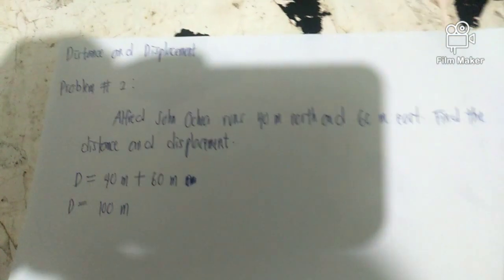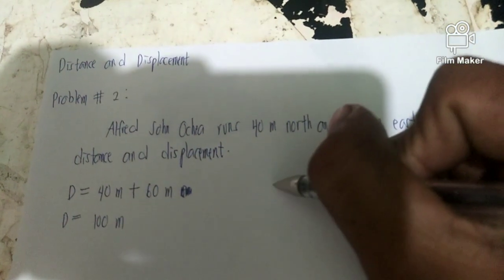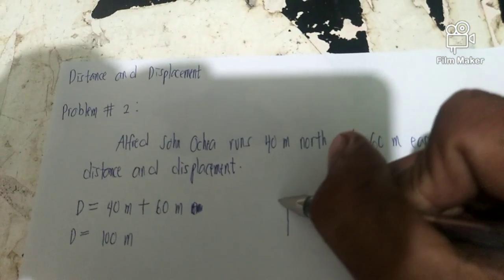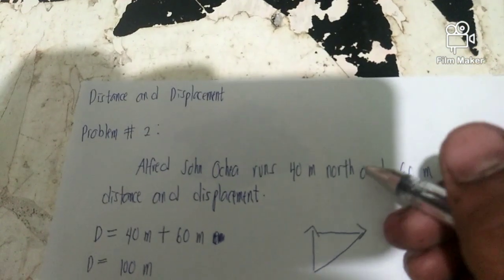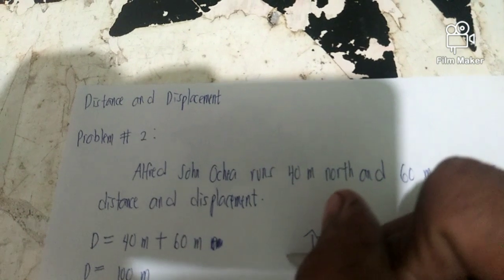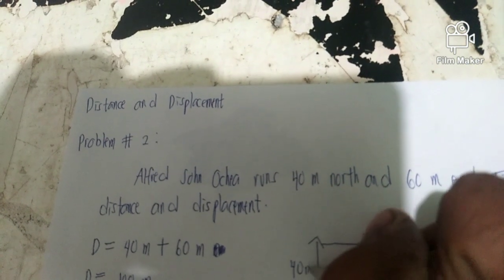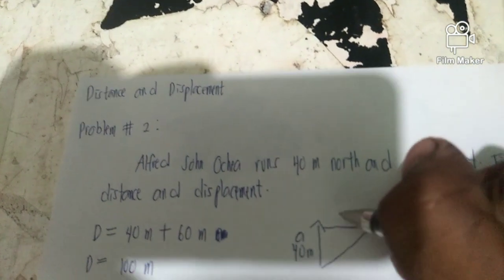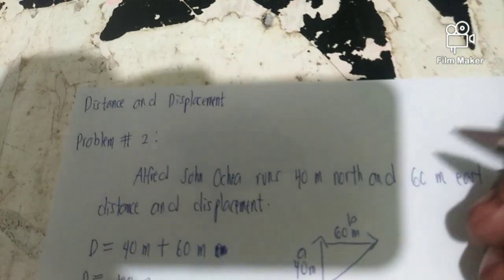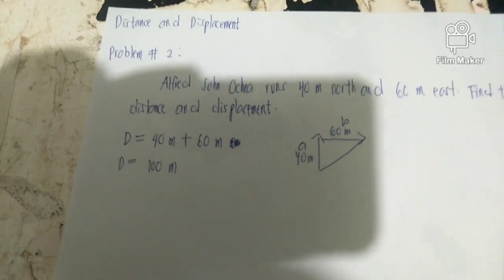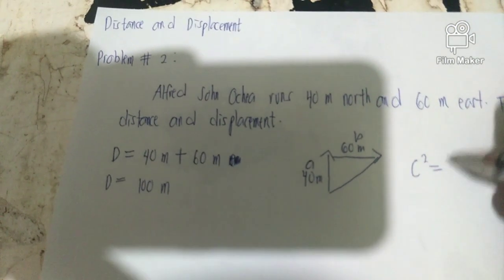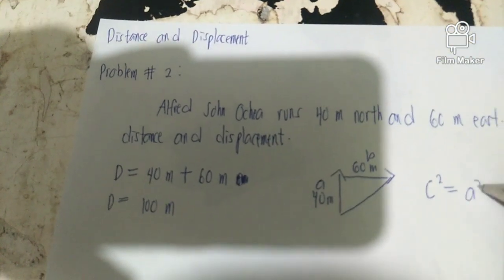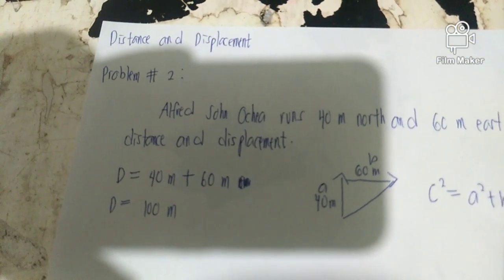So we're going to use the Pythagorean theorem. As if 40 meters is letter A, then 60 meters is B. So we draw the triangle, then C squared equals A squared plus B squared.